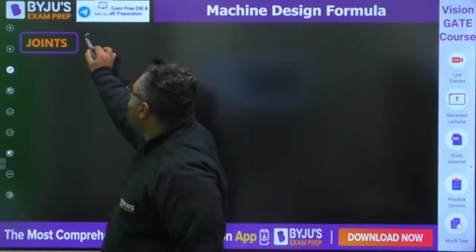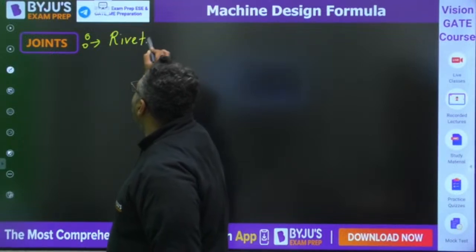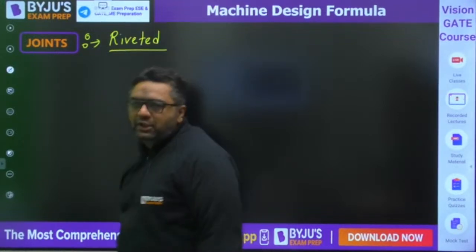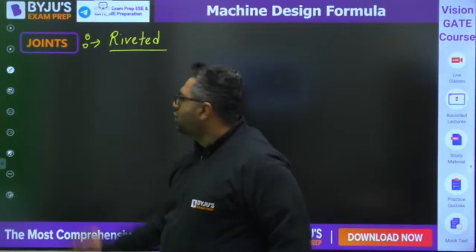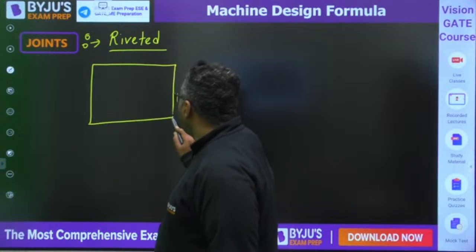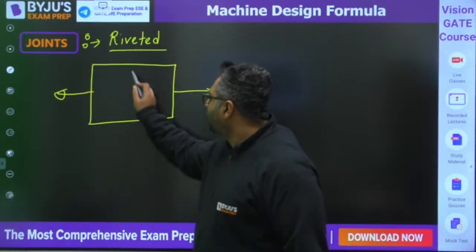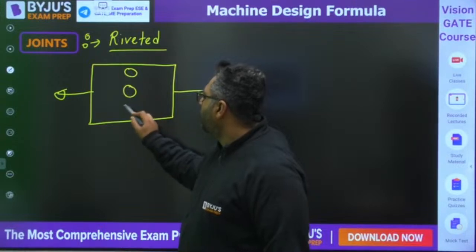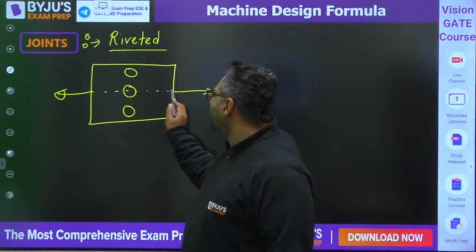So my dear, in the joints, we are having the riveted joints first of all. So when we are talking about the riveted joints, the formulas are very limited. You have, let us say, a plate like this. First of all, we are having the formula for a plate where loading is not eccentric, but load is passing through the centroid of the rivets.